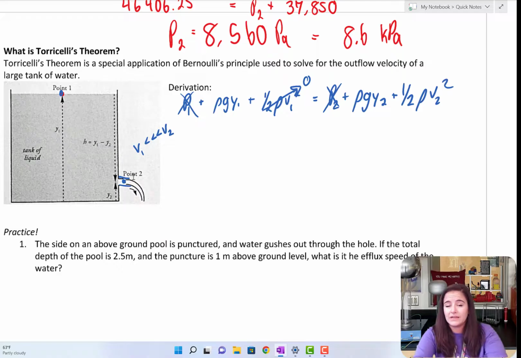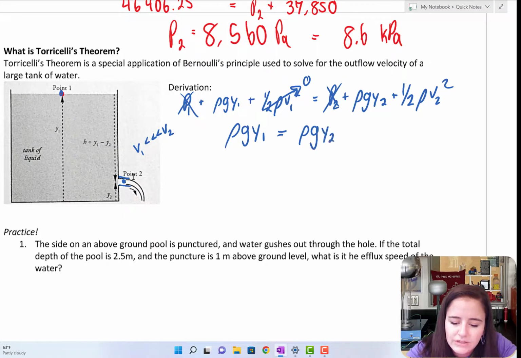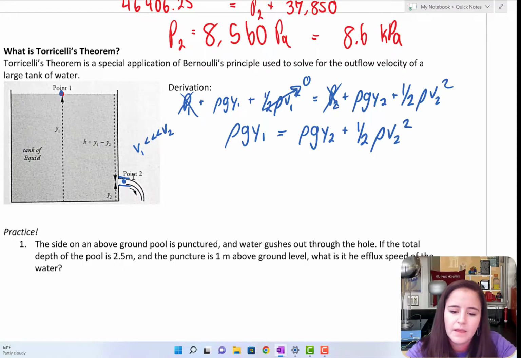Sometimes this is just because it's such a large tank of water that it's basically not moving at the top, or sometimes in the problem it'll tell you that they're matching the leakage, that they're refilling the tank, things like that. So now our equation simplifies and becomes rho g y1 equals rho g y2 plus 1/2 rho v2 squared. We can cancel out the rho from each of the terms, and then I'm going to start combining like terms.